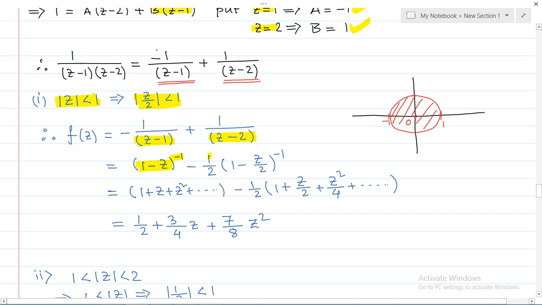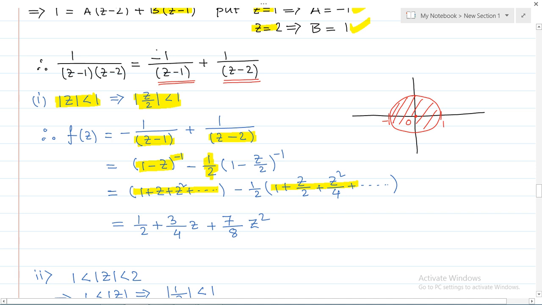So 1 by 2 I have taken common, and it is coming (1 minus z by 2) whole inverse. Now it is the usual expansion form, that is 1 plus z plus z square and so on, and 1 plus z by 2 plus z square by 4 and so on. So what I did: for modulus of z less than 1 I took that one common, and for modulus of z by 2 less than 1 I took 2 common.